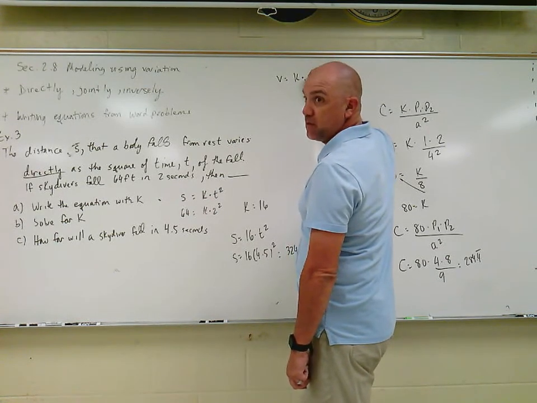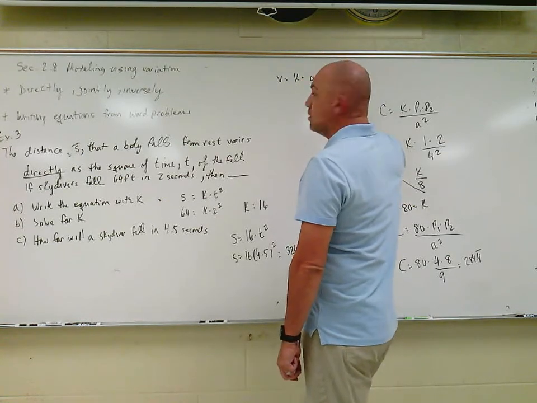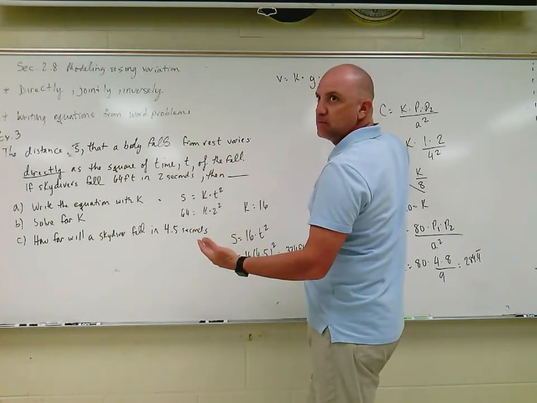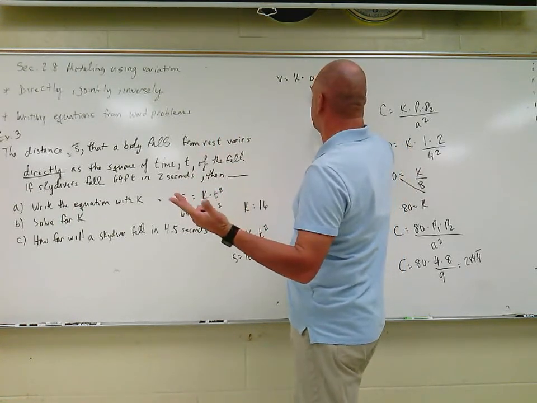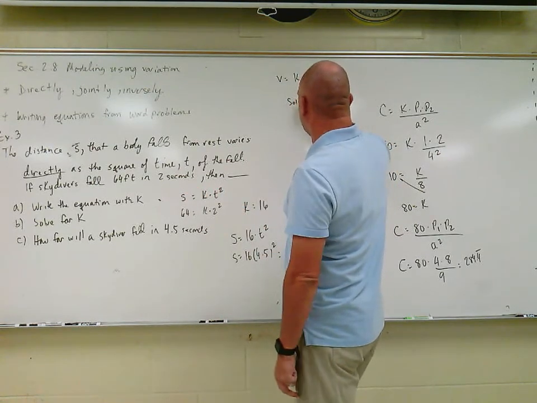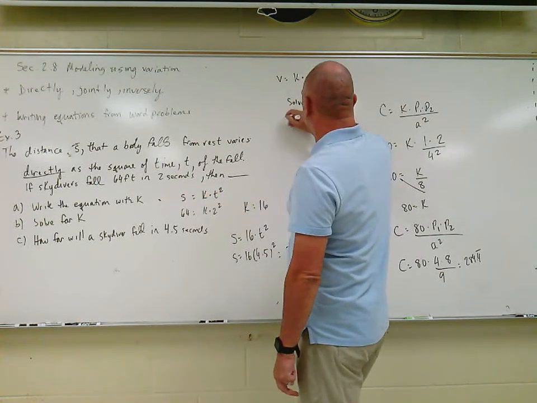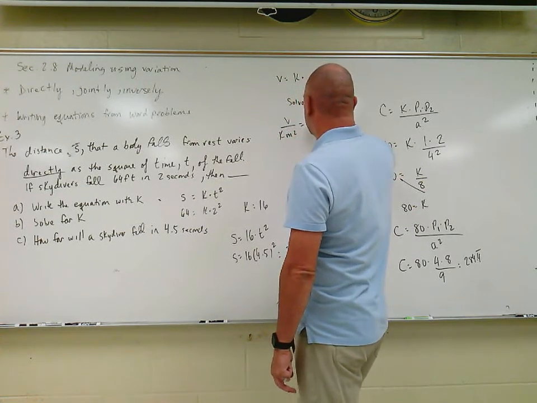G and the square of M, so that would be M squared. And then it may say solve for G. So it may just want you to solve for one of these. Well, then it's easy. You just move everything over and leave the G here. So if it says solve for G, you would do V over KM squared equals G. Everybody with me on that?